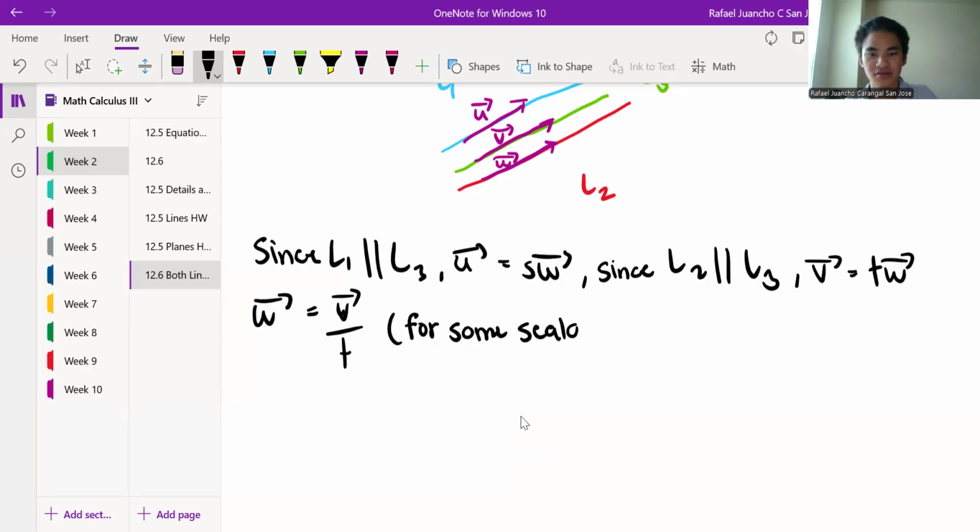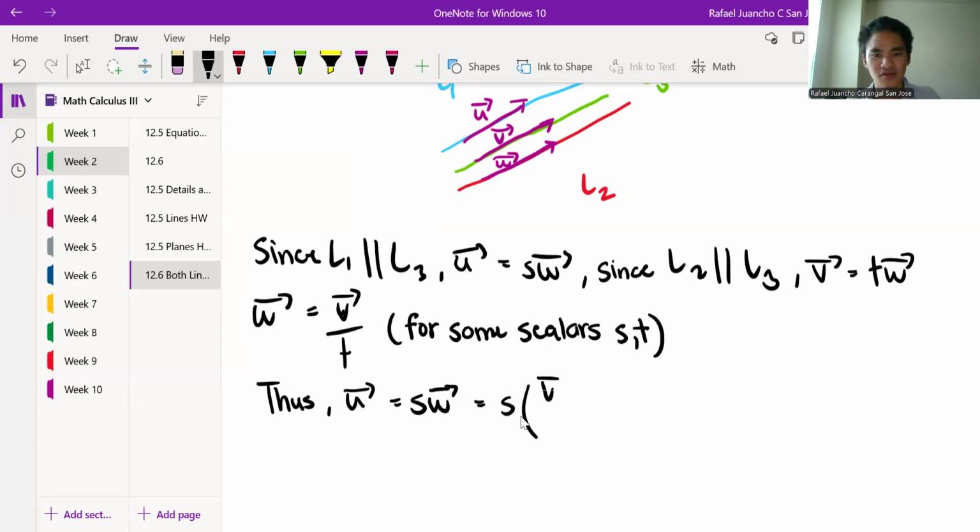We're just saying that s and t are scalars, while u, v, and w are vectors. And so thus, u is s of w, which is equal to s of v over t, which is equal to s over t times v.